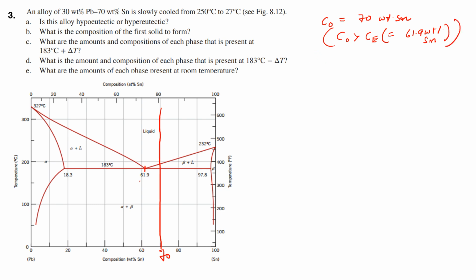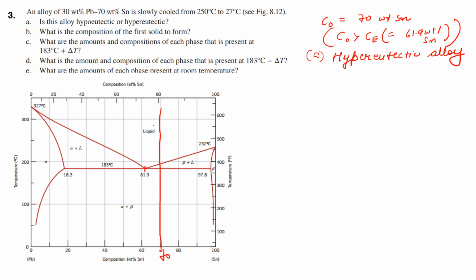Therefore, we are crossing the eutectic point, so this is a hypereutectic alloy. This composition is lying right of the eutectic point.